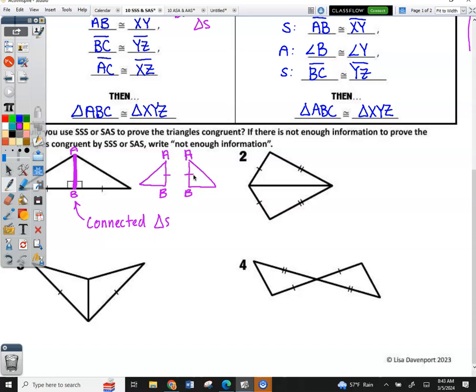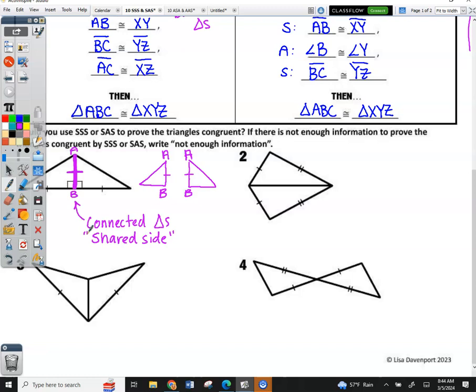I want you to come over here to your picture. Now, this is the first time you've ever seen this, so it probably feels weird. But it's gonna come up more often, and then you're gonna start getting really good at it, recognizing it. These triangles are connected by what's called a shared side. I want you to write that. We are going to start practicing writing shared side whenever we see one.